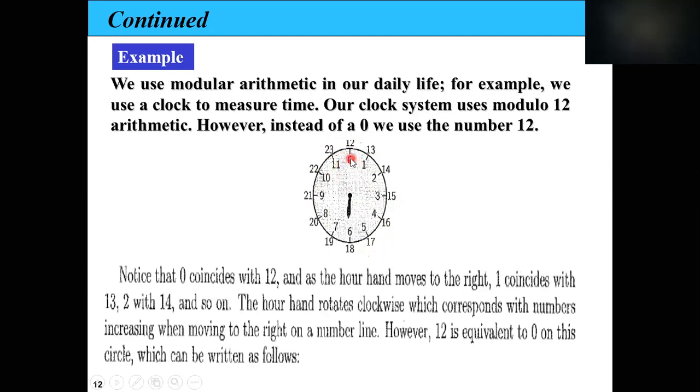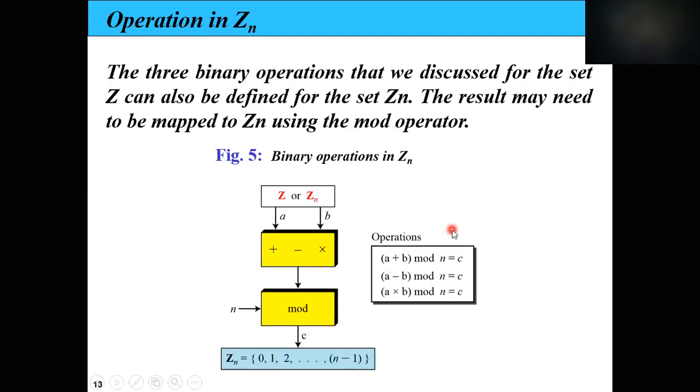And if you place 13, 14, 15 up to 23 and then 24, these are also the same, because 1 is congruent to 13, 2 is congruent to 14, 3 is congruent to 15. Because if you divide 15 by 3, the remainder stays the same. So the design of the clock is based on modulo 12.